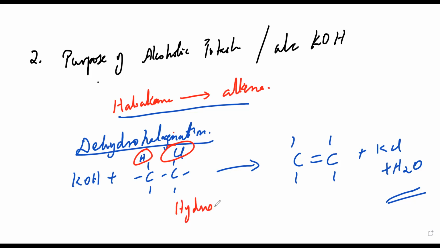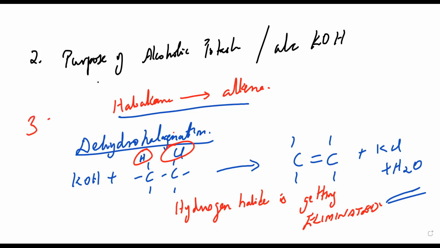In dehydrohalogenation, the hydrogen halide is getting eliminated, so it is basically an elimination reaction. So the third question is also option number 4. These are kind of direct questions.